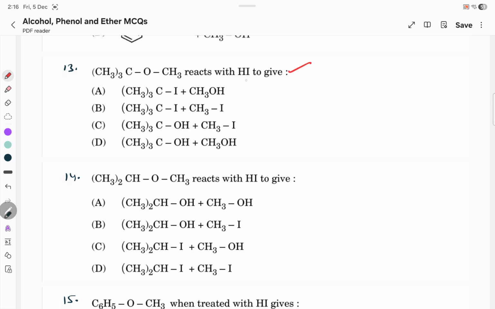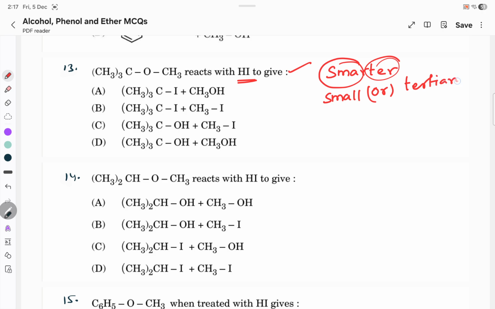So here the clue for an HI reaction is always methyl, or tertiary alkyl halides usually will form. So if I break this bond, first we have to check whether it is methyl or it has to be a tertiary alkyl halide.